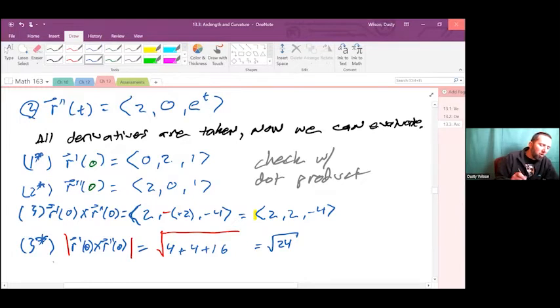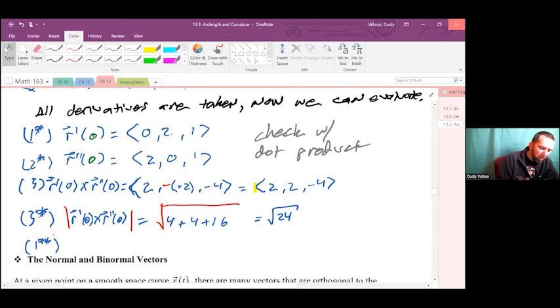And all this stuff is a funny way of writing square root of 24. And then we also need to work with our r prime. So maybe, since we're going back to our r prime of 0, we'll call this 1 star star. And we need to find the absolute value of r prime of 0.